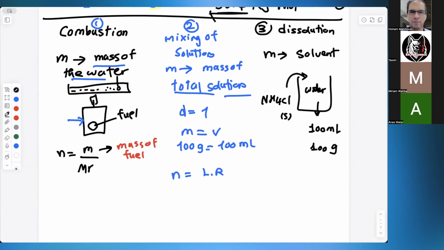But what if he told me that the mass of ammonium chloride is 5 grams, and then upon addition of it to 100 ml water, the mass became 105? Then I have to use the 105 grams.